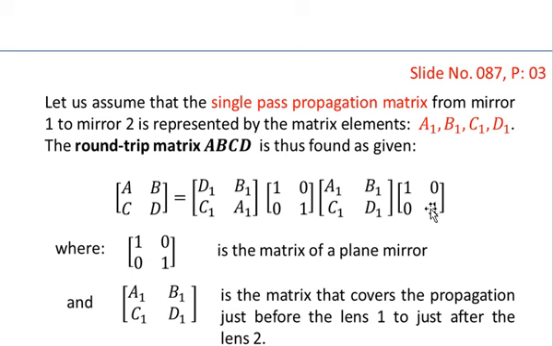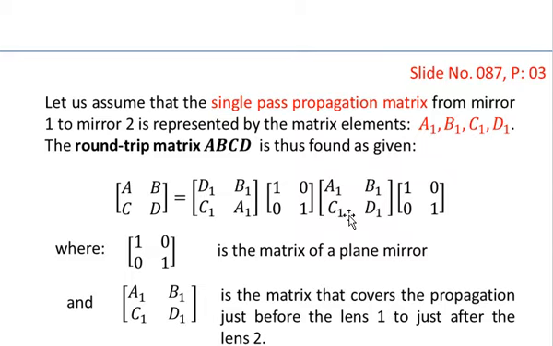After mirror M1, the light will propagate from mirror M1 to mirror M2, and for that we have the matrix represented by A1, B1, C1 and D1. It excludes mirror 1 and it excludes mirror 2. It gives you the propagation for the region just after mirror 1 and just before mirror 2, represented by the matrix A1, B1, C1 and D1.